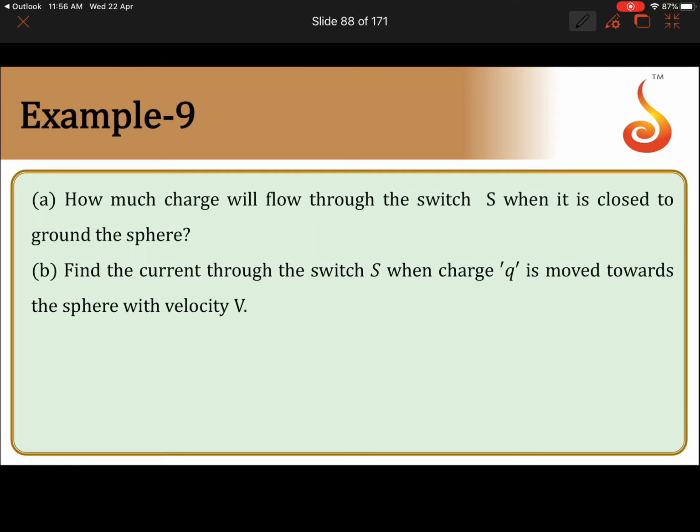So first of all, when the switch is closed, it is grounded. So potential of the sphere will be equal to 0.